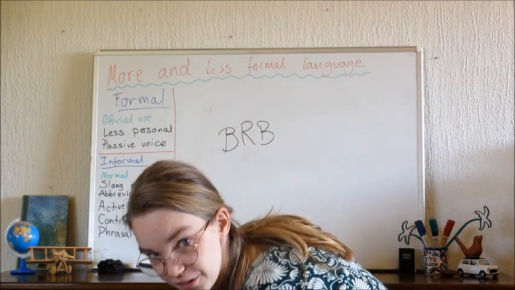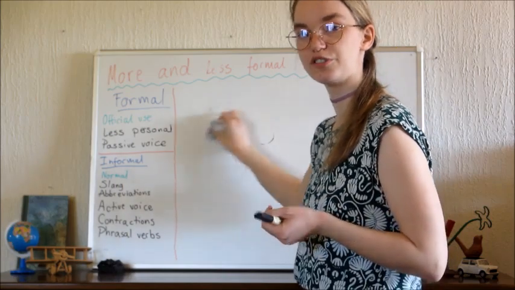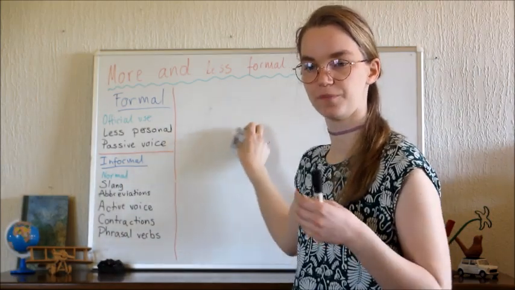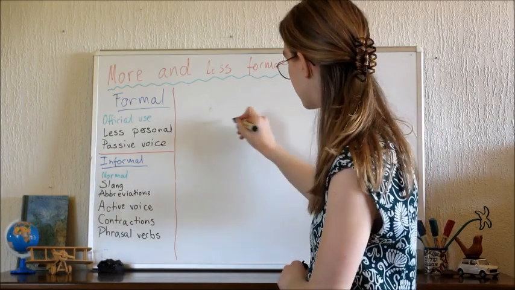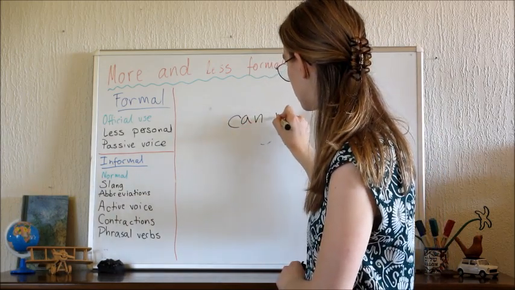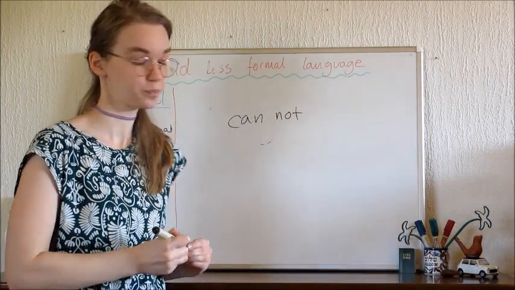Another informal thing is contractions. We use contractions a lot in English because when we speak, we just automatically contract some words. For example, I cannot.